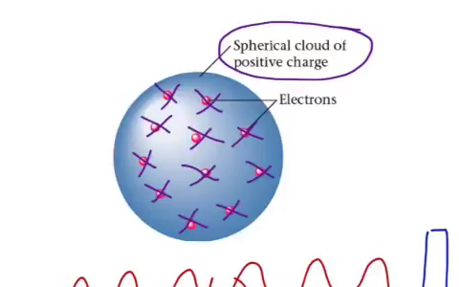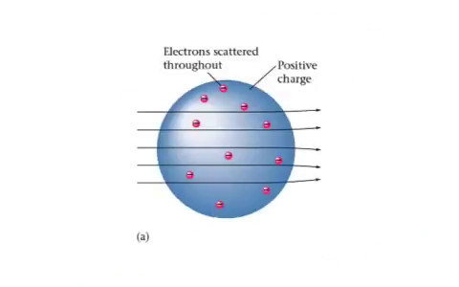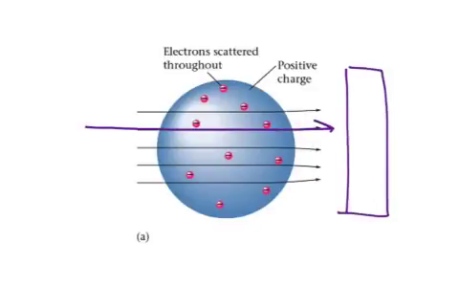Rutherford was a master of coming up with really great experiments, and the experiment that he came up with I'll show you on the next slide here. Rutherford figured that if he shot radiation through an atom, and if Thomson was correct, most of the radiation would end up going right through the atom, and he should be able to detect that on a detector on the other side.